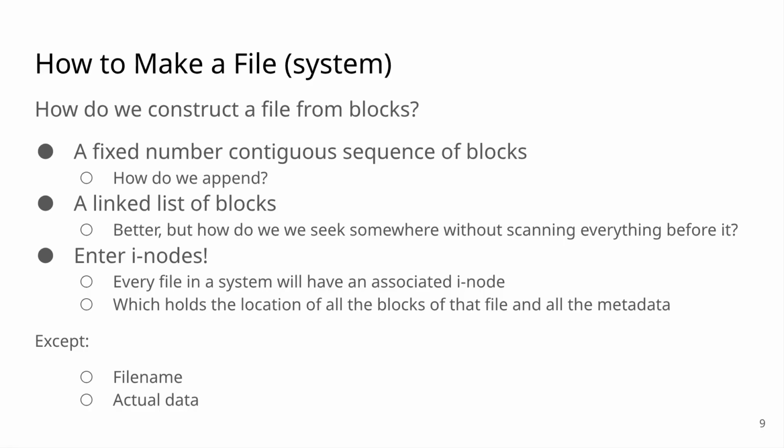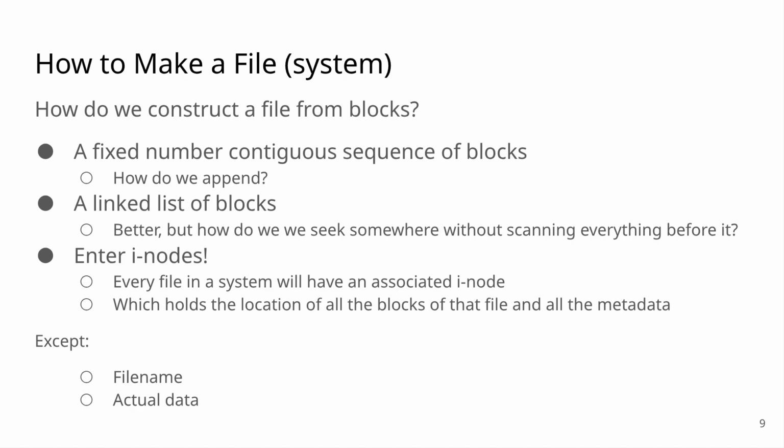But what if we have something like a telephone book, where we have one entry for every file, and that entry is called an inode? If we have an entry for every file, and on the entry we have a list of the blocks for it in an ordered fashion, then we can seek.